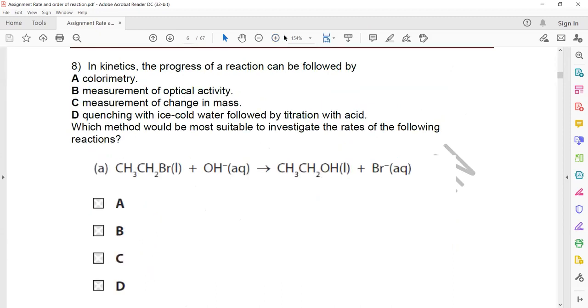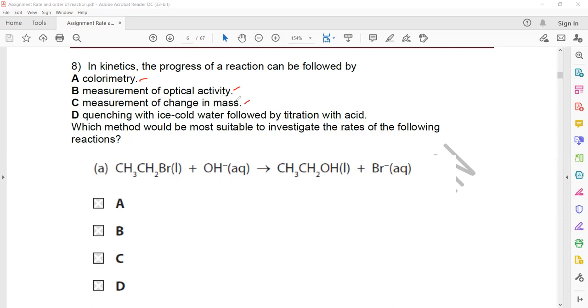In question 8, in kinetics, the progress of a reaction can be followed by the methods shown. Colorimeter, again if it's a colored substance. Measuring the optical activity: some molecules rotate polarized light clockwise, some rotate it anticlockwise, so we can identify a change in optical activity.